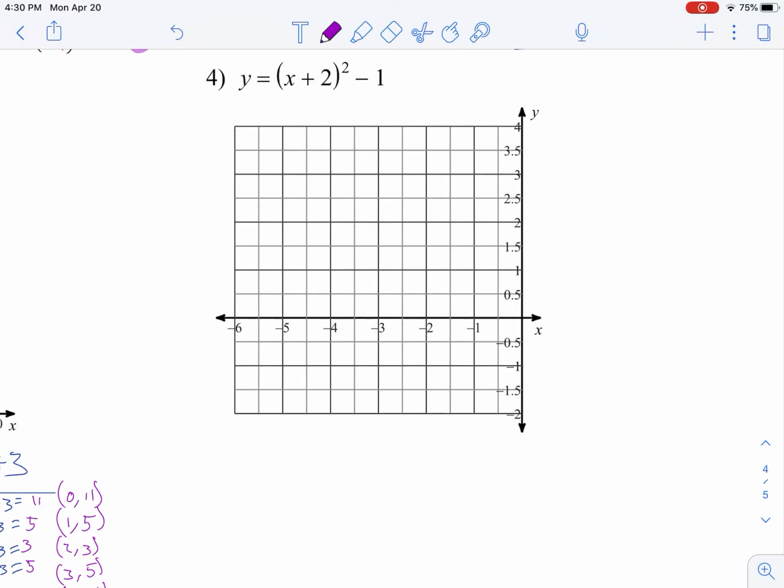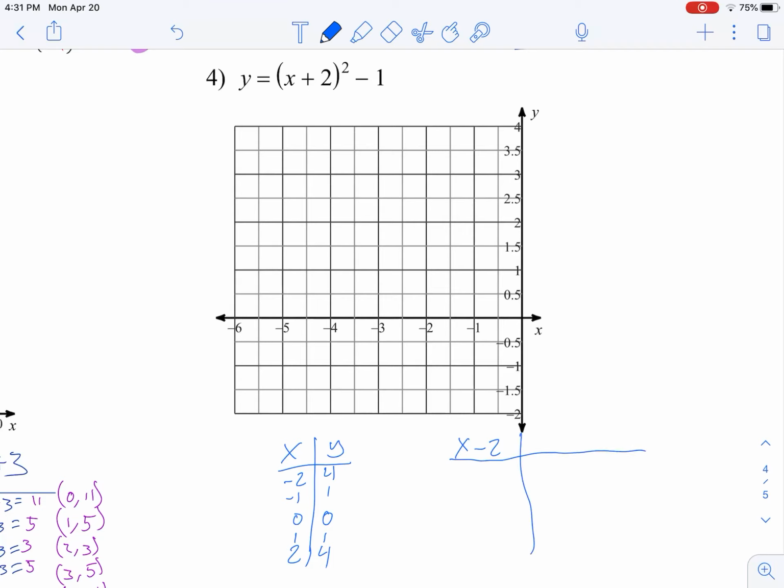We're having our parent table with our five favorite numbers, -2, -1, 0, 1, and 2. It's 4, 1, 0, 1, and 4. And then we have a transformation with x. It's actually going to be x minus 2 now, because we do the opposite of what's inside the parentheses.